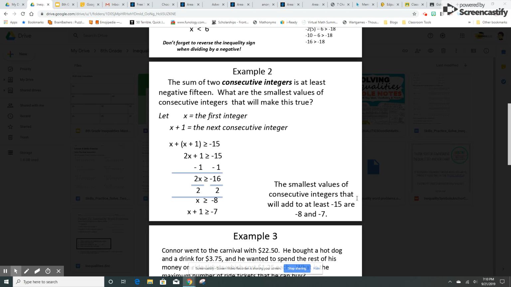So when I add those together, it's going to be greater than or equal to -15. So then we go through and we solve our inequality and we get that x is greater than or equal to -8 and x plus 1 is greater than or equal to -7.